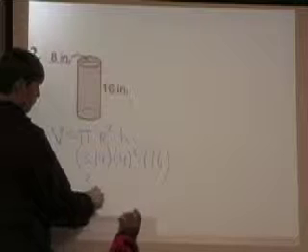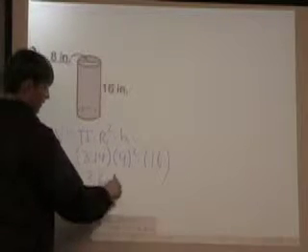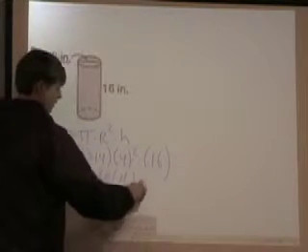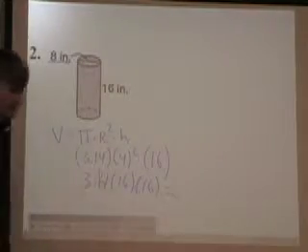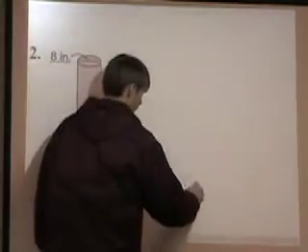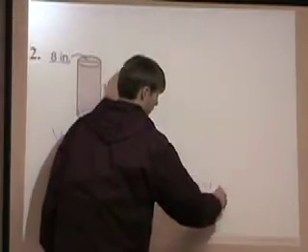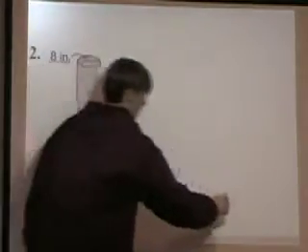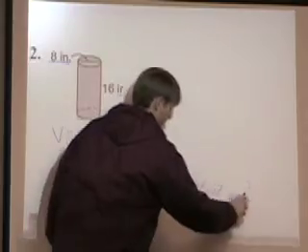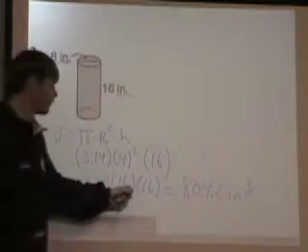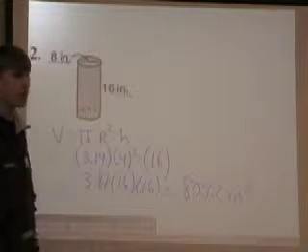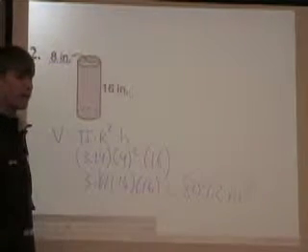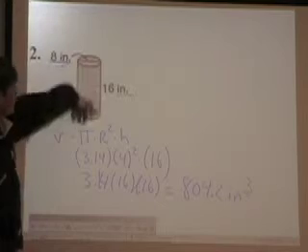Now that's 3.14 times 16 times 16, which equals what, Shaq? I got 804.2. That's right. 804.2 inches cubed. That's how much space is in this cylinder.